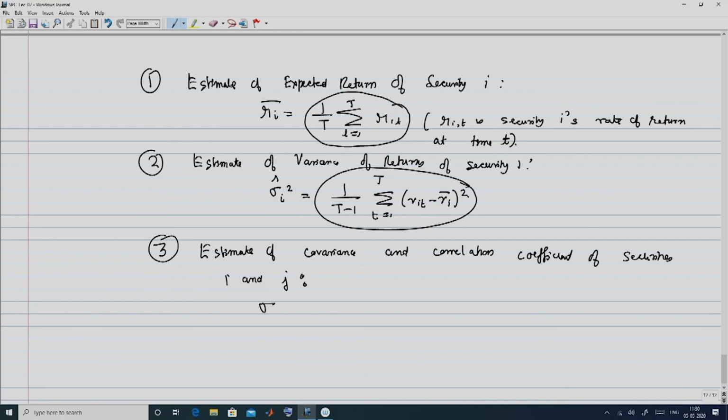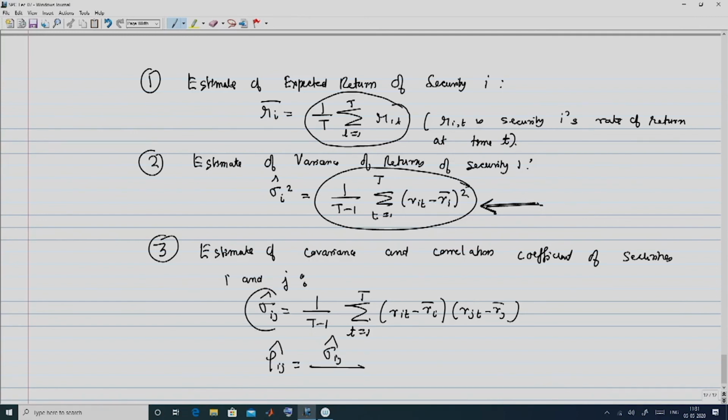This is given by sigma_ij hat for the estimator, again 1 divided by T minus 1, following the same pattern as the unbiased estimator for variance, summation of (r_it minus r_i bar) into (r_jt minus r_j bar), t equal to 1 to capital T, and rho_ij hat is sigma_ij hat, which I have calculated here, divided by sigma_i hat into sigma_j hat, which have been estimated here.